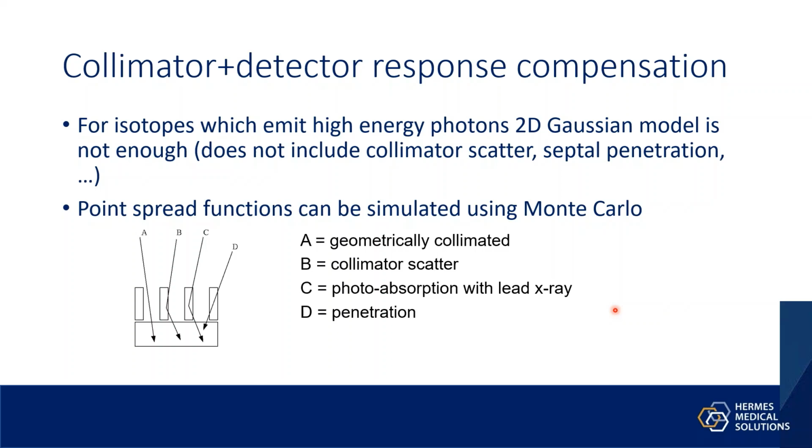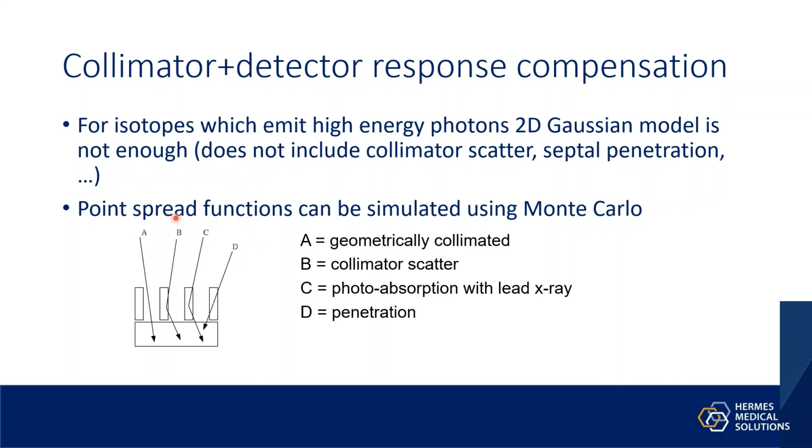So what Hermes has done, we have generated a huge amount of point spread function tables using the Monte Carlo method. So we simulate not only the geometrically collimated photons, but we also simulate the effect of the collimator scatter, the lead X-ray emission, and the collimator penetration.